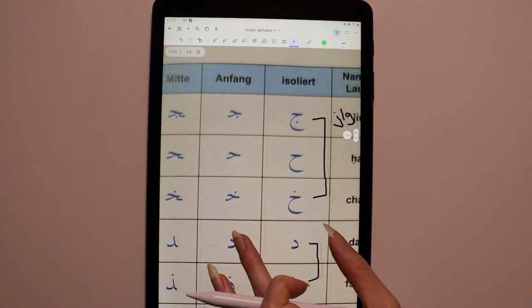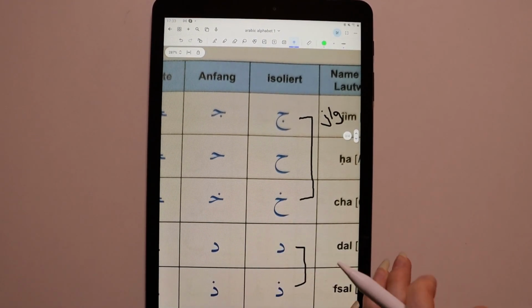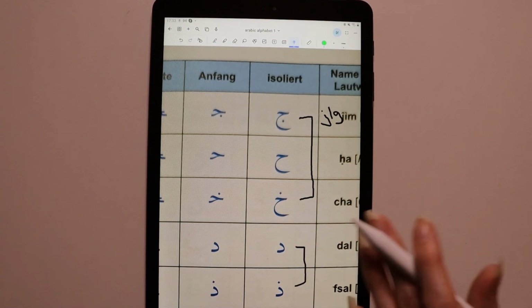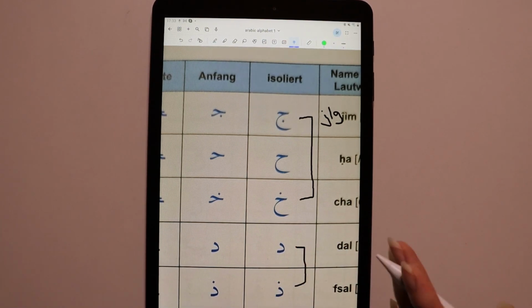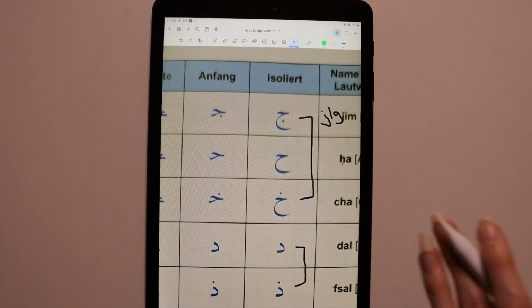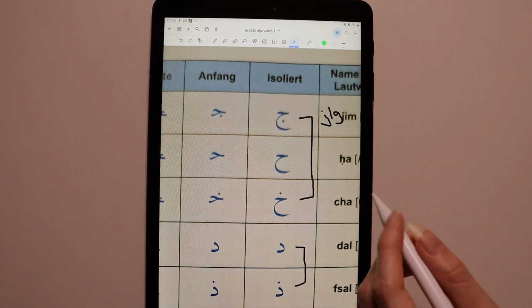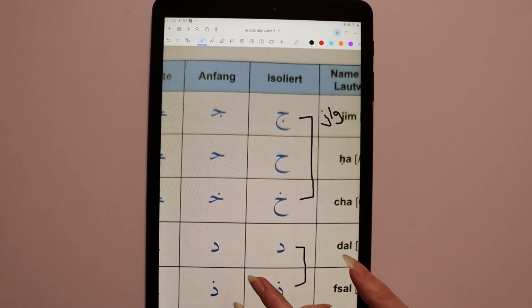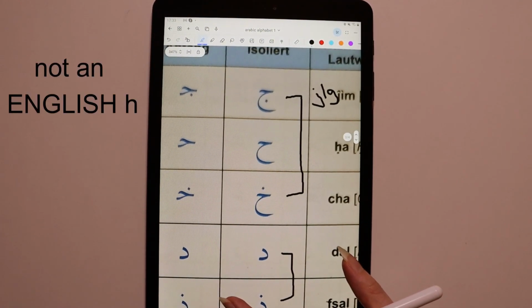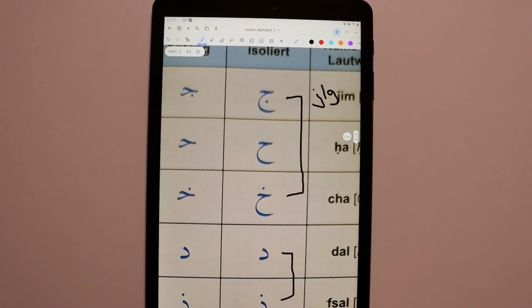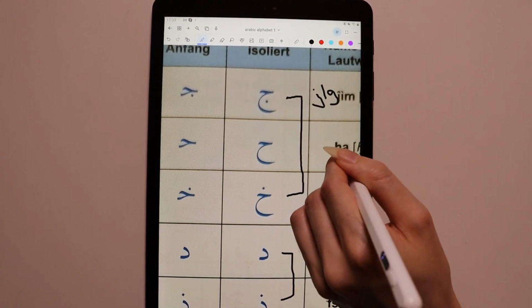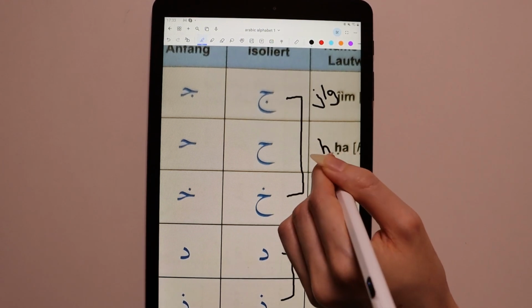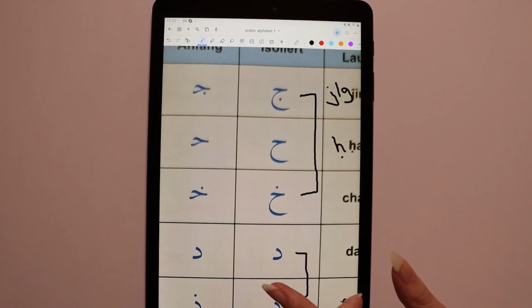Ha is not like ha, not like to have, a soft H with the mouth, but more like ha, deeper in the throat, a throat H. So it's not really an H, but it kind of is an H. Quite often you see a dot below the H to signalize it's a ha.